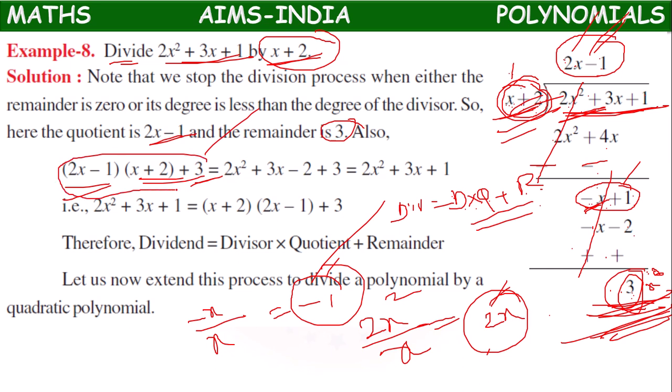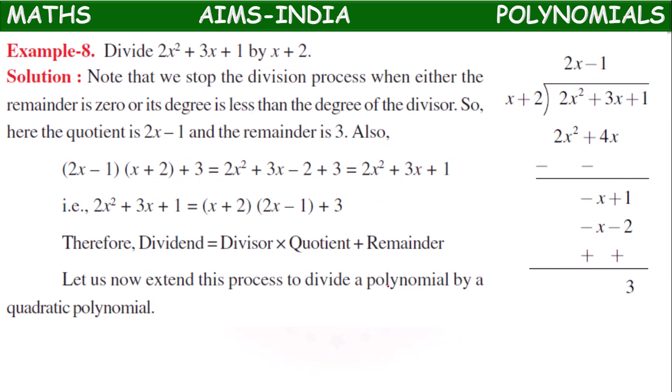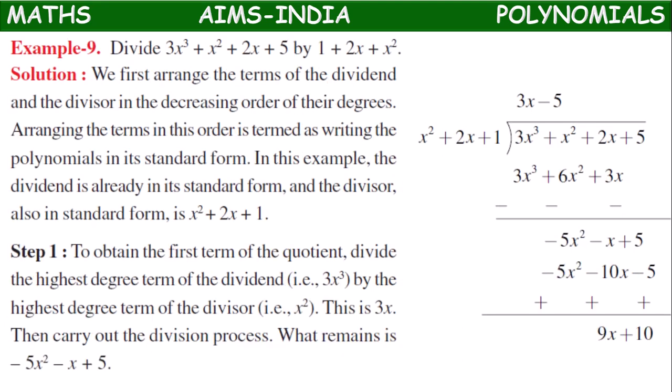If we find the value of this, then after simplification it will be in the form of the given polynomial, which is equal to the dividend. So the division rule, dividend equals divisor into quotient plus remainder, is satisfied. So whatever answers we have got, they are correct. Next one. Divide this cubic polynomial by the quadratic polynomial.